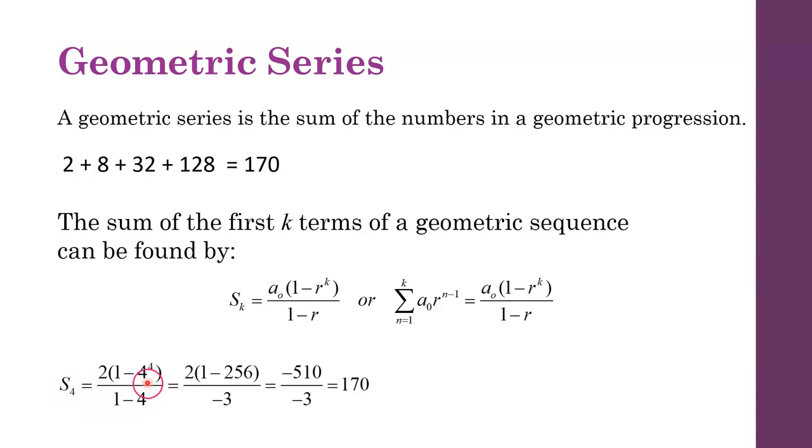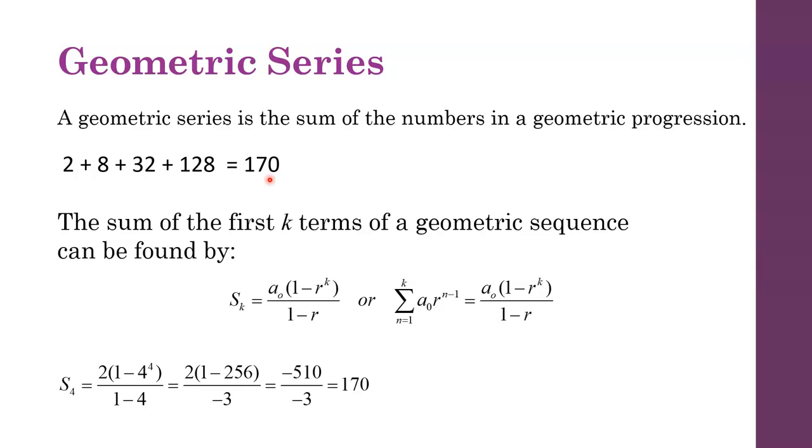The other 4 is my common ratio. So 2 times 1 minus 4 to the 4th over 1 minus 4. And if I work that out, 4 to the 4th is 256. 1 minus 256 multiplied by 2 gives me negative 510. In the denominator, I have 1 minus 4, which is negative 3. 510 divided by negative 3 is 170, which is the same number we got the other way.